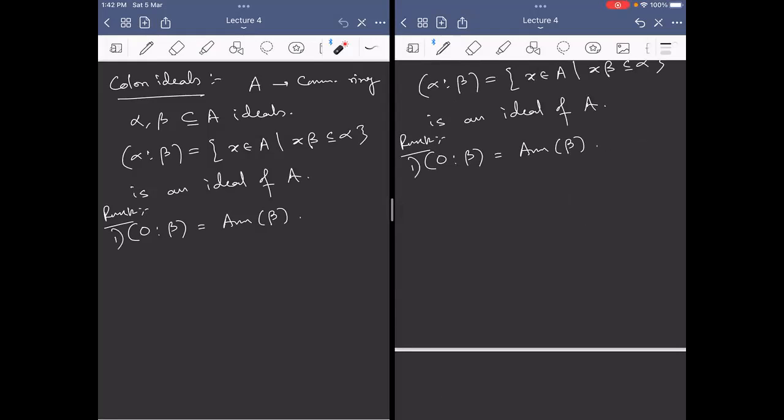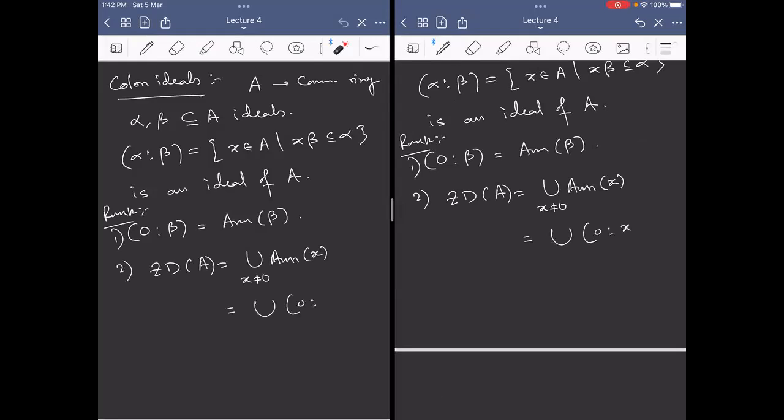Also, if I write the set of all zero divisors in this notation, then that is the union of annihilators of X, where X runs over non-zero elements. And therefore this becomes the union of 0 colon X where X runs over non-zero elements.